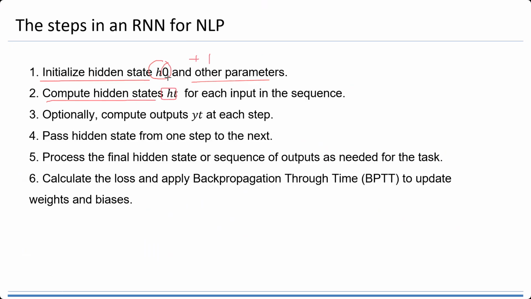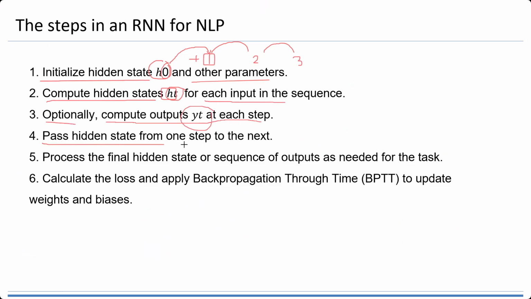If we start from 0, then let's do the h1. If now we are in t equals 1, then let's do t plus 1, which is 2. If now we are in t equals 2, then we compute again the h plus 1, which is h3. And then optionally, you can compute the output. It depends why we need to calculate the output. So we will take a look at some of the variants.